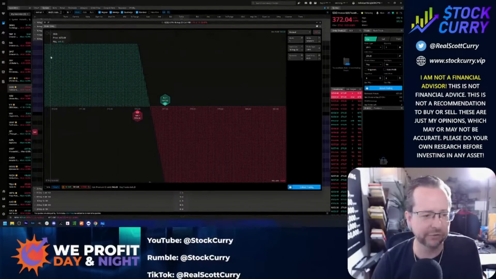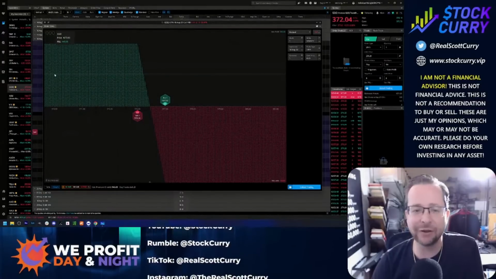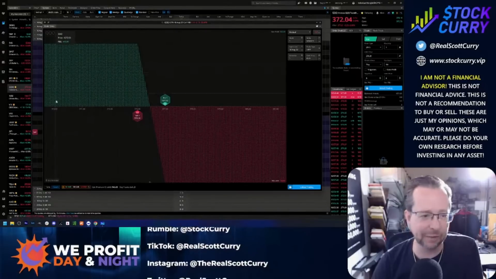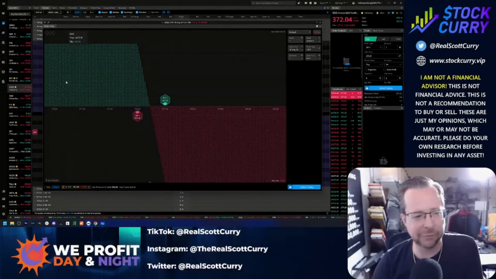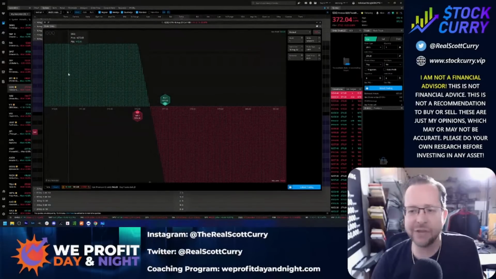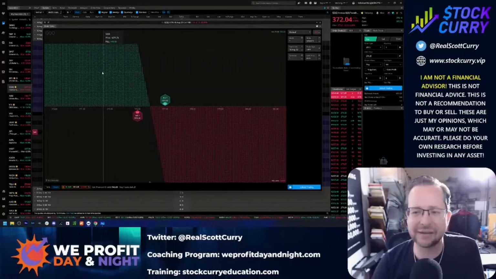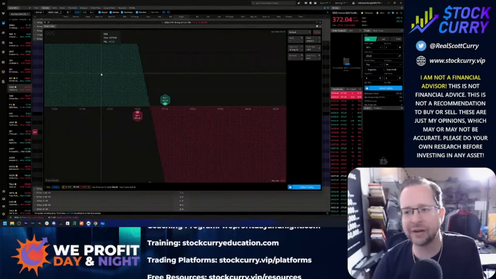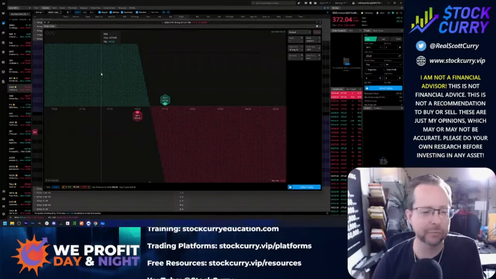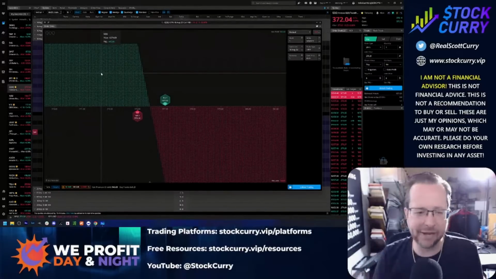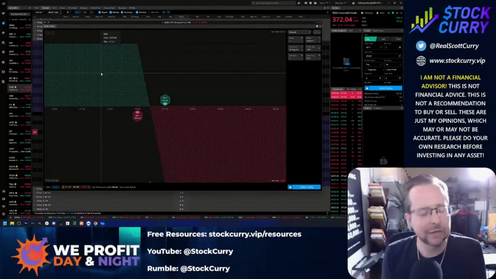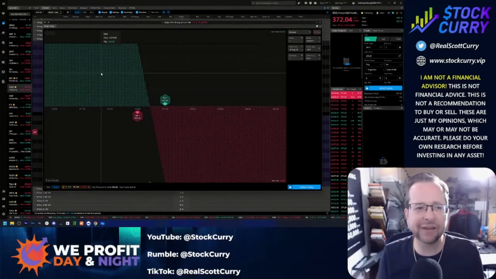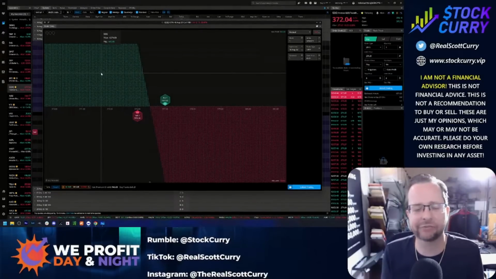I'm like way over here on this chart. What happens if QQQ goes down to $300? Well, guess what? I make money. I'm way over here on this chart. How much money? $45. If QQQ goes down to 370, I make 45. If it goes down to 360, I make 45. If it goes down to 300, I make 45, right? I've limited my maximum profit, but by limiting my maximum profit, I have also decreased my risk.